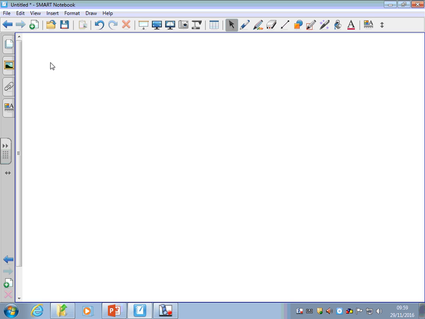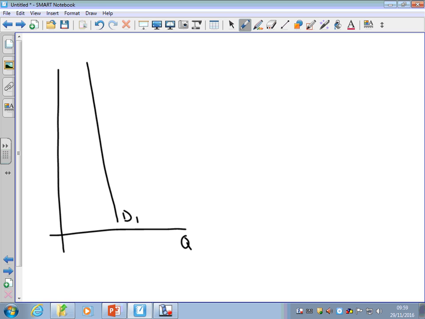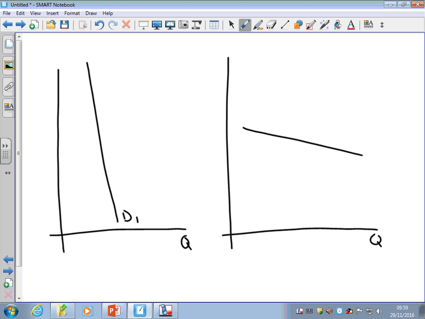Let's think about how elasticity will affect this. So let's have a very price inelastic demand, and let's have a very elastic demand. And again, what we'll do, we'll show the impact of a specific tax.